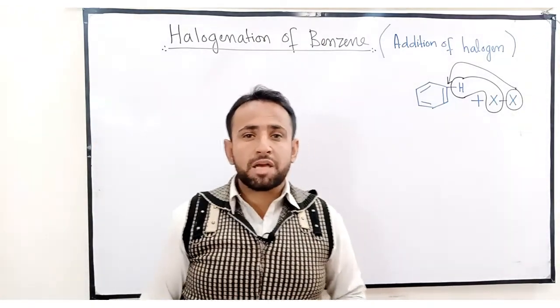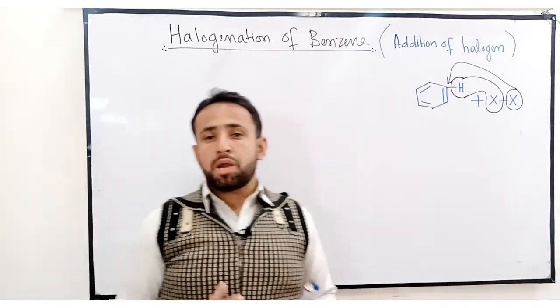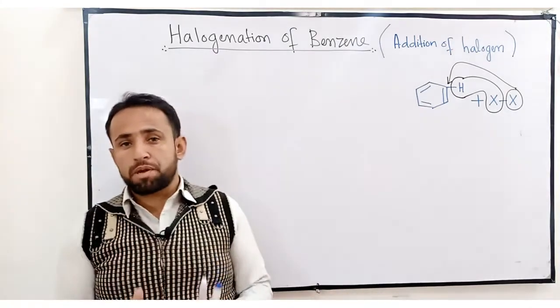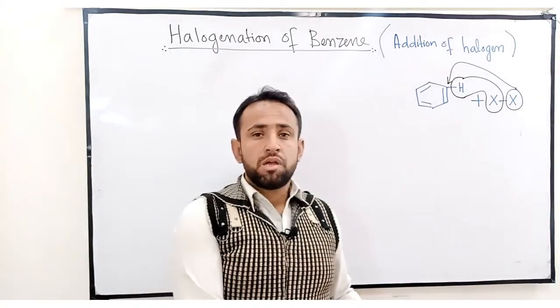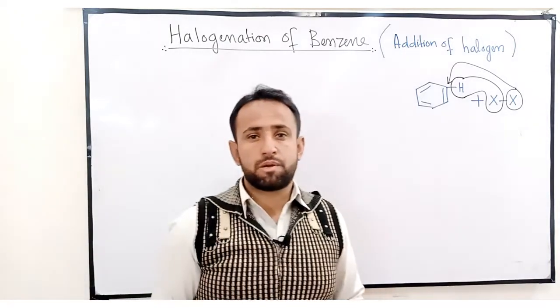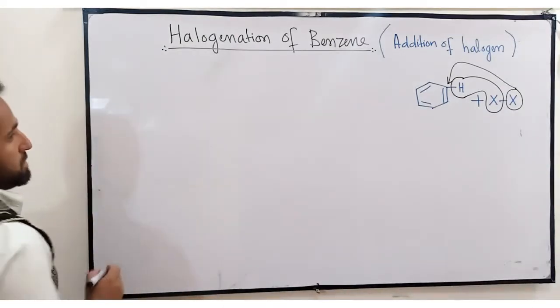What would be the temperature condition for these reactions? We do not employ heat in this reaction. The reaction is generally carried out at room temperature. So first I will write the definition of halogenation.